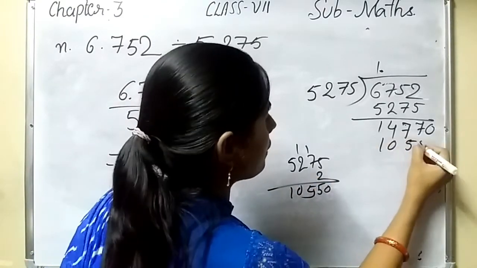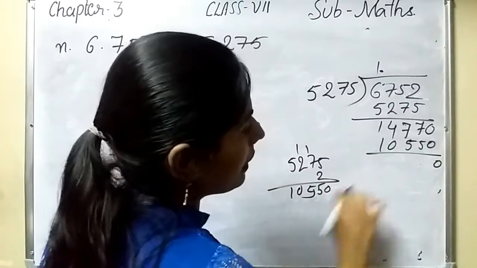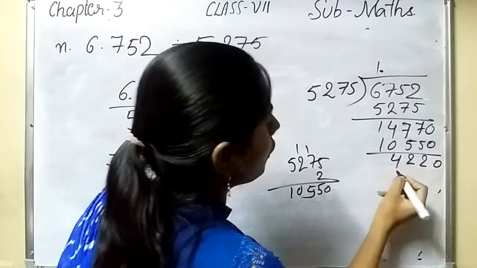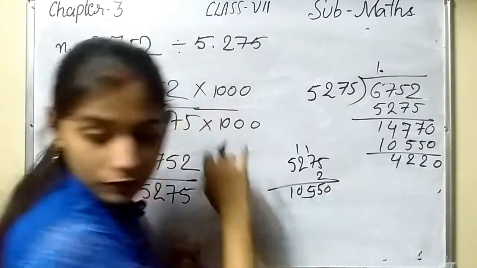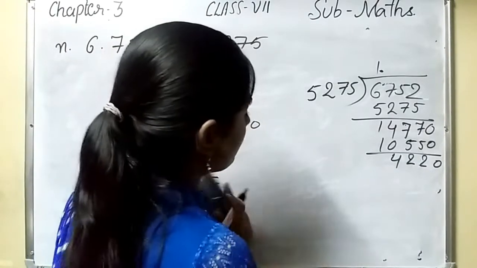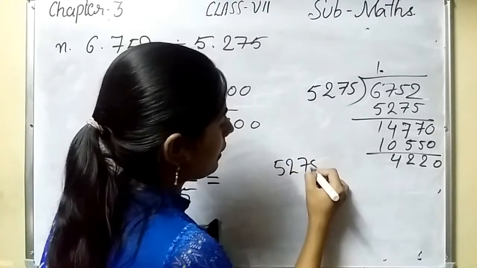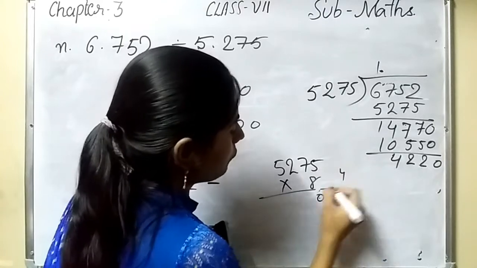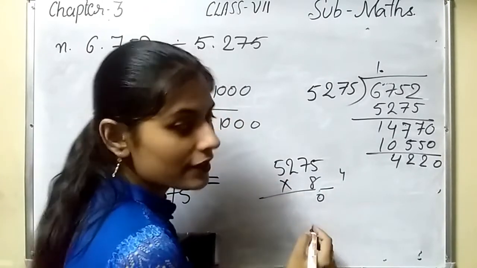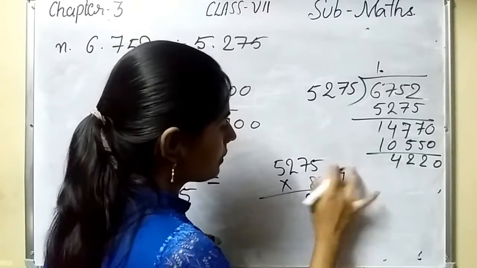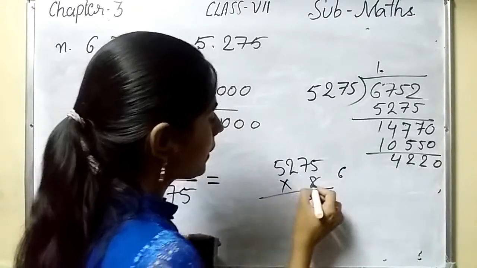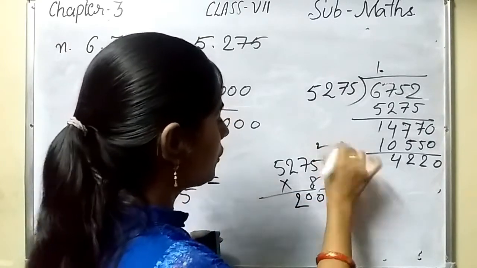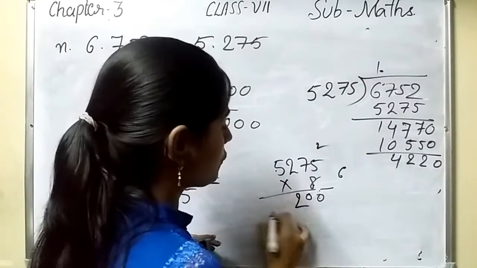Subtracting gives 1420. Now multiply 5275 by 8: 8 fives are 40, 8 sevens are 56 plus 4, 60, 8 twos are 16 plus 6, 22, 8 fives are 40 plus 2, 42.